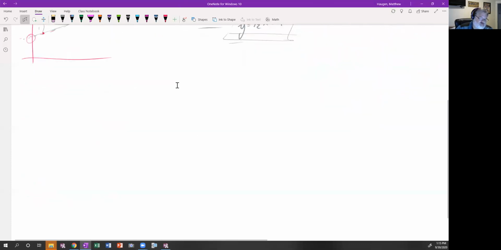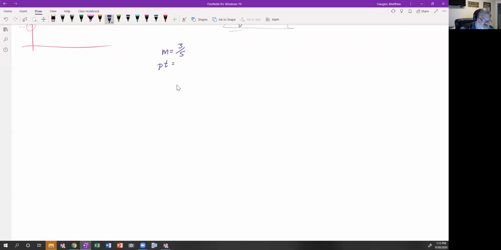For example, if you have a slope of, say, 3/5, and one of your points is, let's say, 4, -3. If you want to build a line with that point and that slope, starting with your point slope form is really handy.